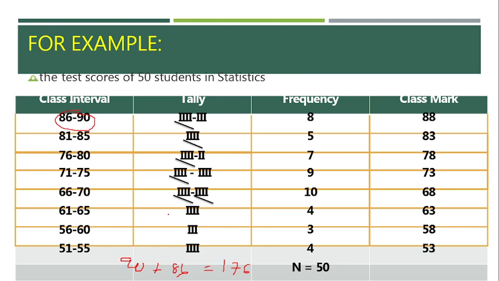Divided by 2, what's the answer? The value is 88. And that's why we have 88. So, same goes here. Class mark is the midpoint. We're going to find the midpoint of this one and this one.